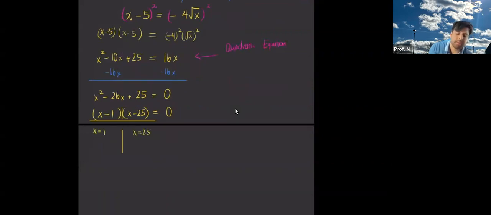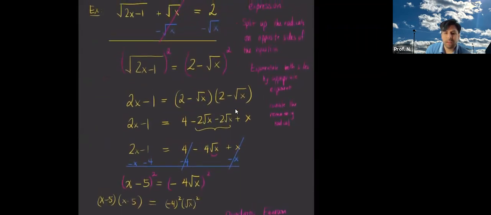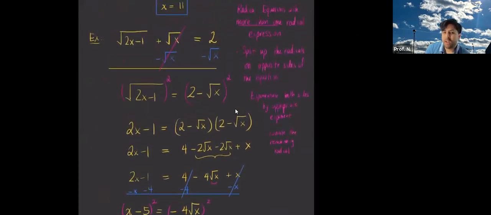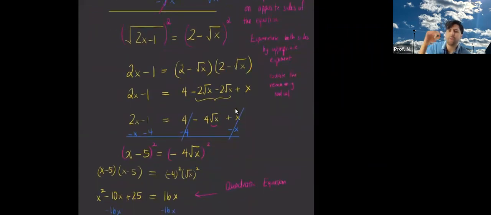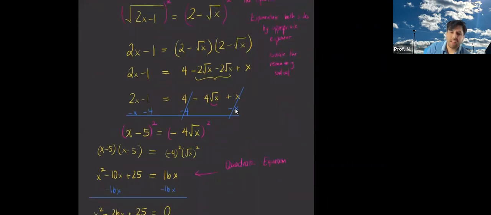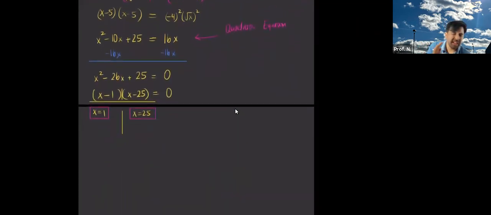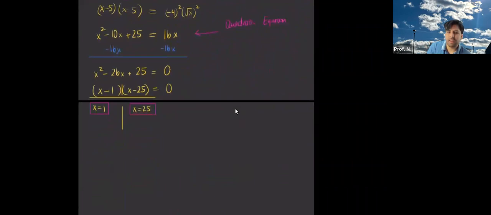So apparently, I got two solutions for the original equation. But you always have to be mindful, though, because the moment you square, like we just squared both times, right? You have to be careful with that, because when you square something, it inherently, in a sense, changes the equation.